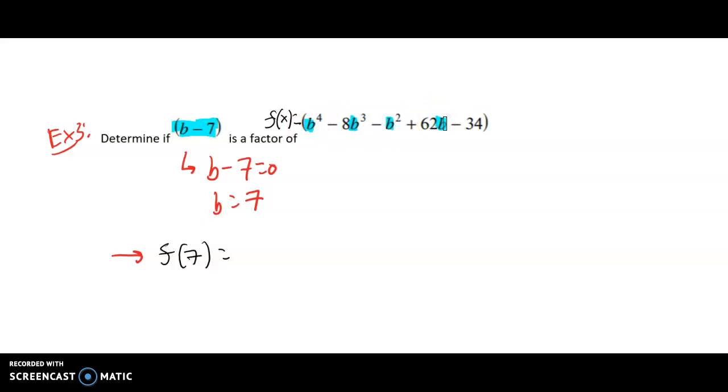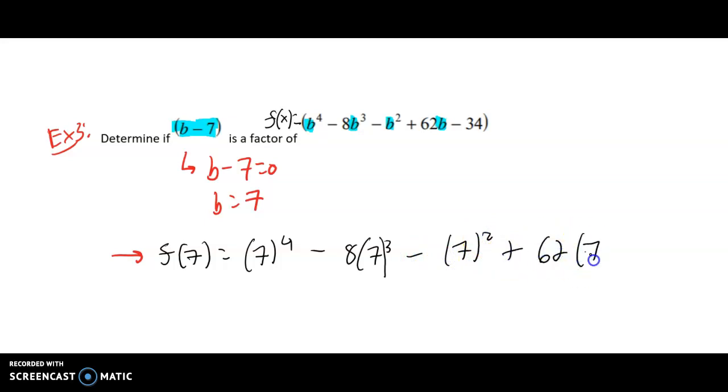These are going to be some big numbers here, and I'm going to be using a calculator, and it's totally fine if you use a calculator for these big numbers. So I've got 7 to the 4th minus 8 times 7 cubed minus 7 squared plus 62 times 7 minus 34.